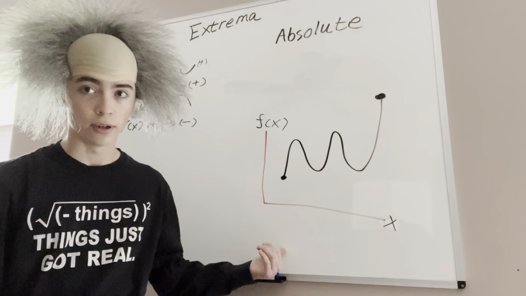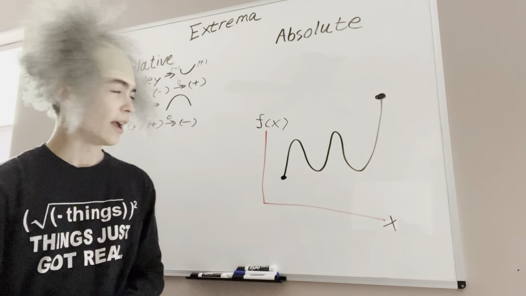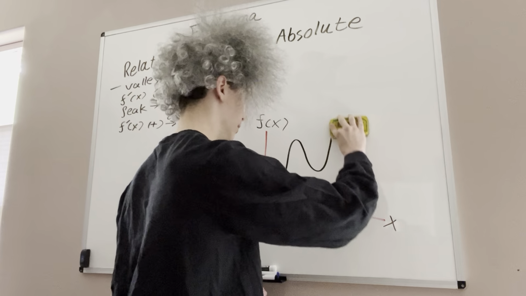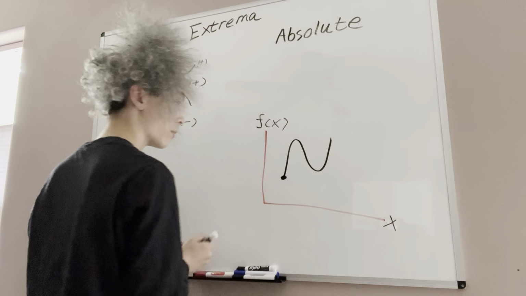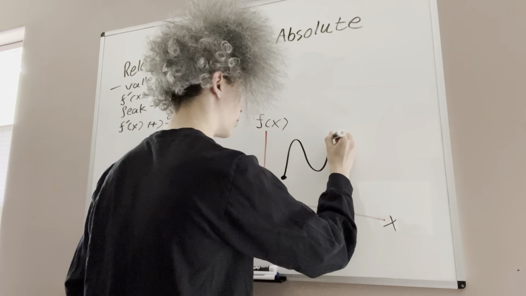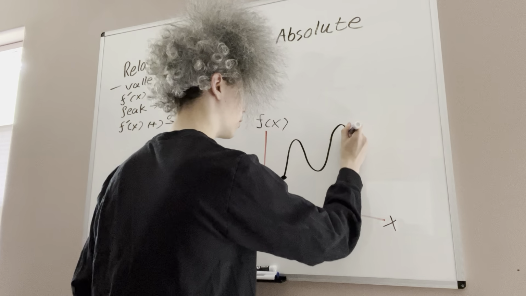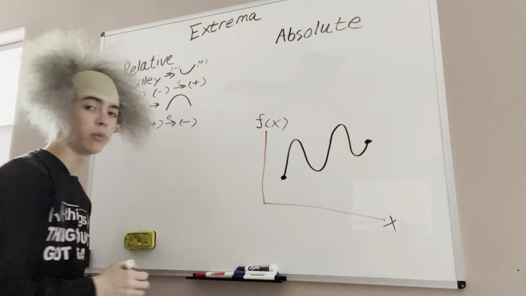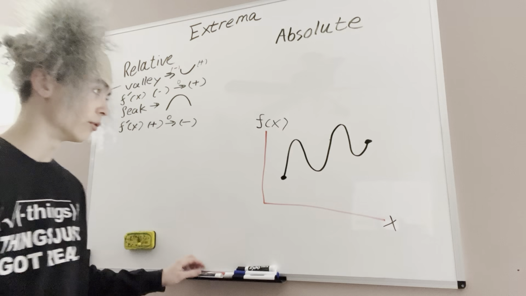But now we have absolute extrema. Not as tricky, and I'm actually going to redraw this graph here to look something like this. This will make a bit more sense in a second. You still have these endpoints here. Function's not going on forever.